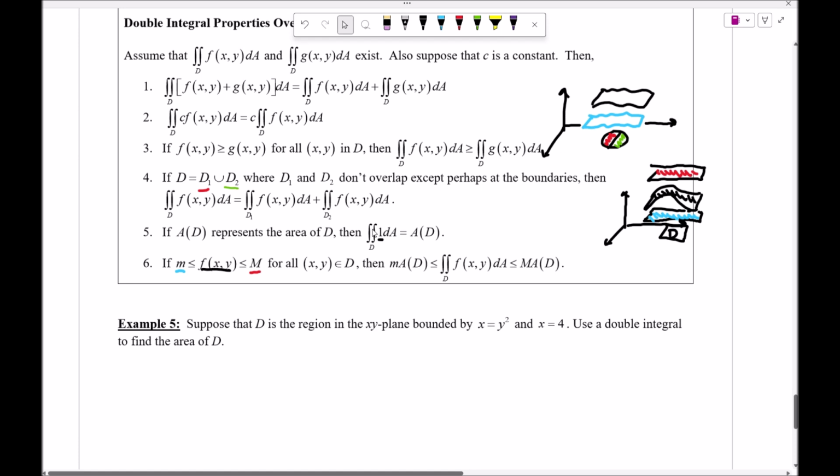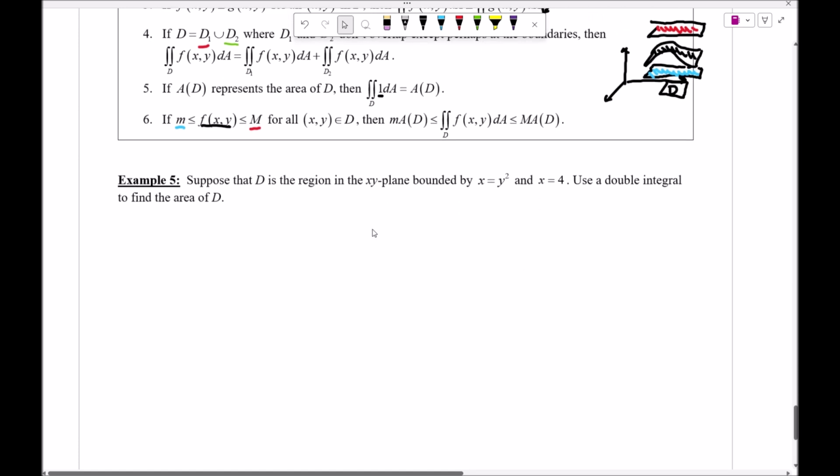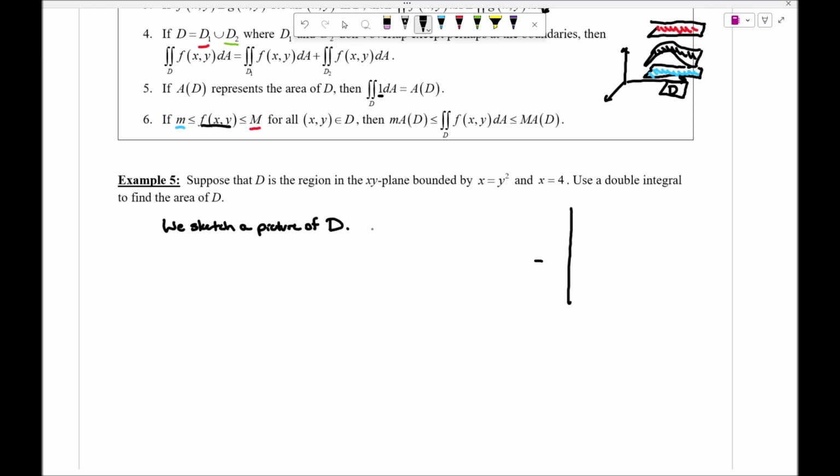Okay, but I'm still going to need to go through the same standard steps in order to set up this double integral. Notably, I'm going to have to think about what the region D looks like and define it. So I'll say here, we sketch a picture of D. And let's see, x equals y squared is a sideways facing parabola.